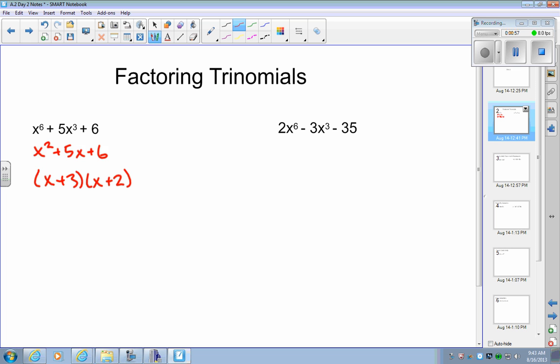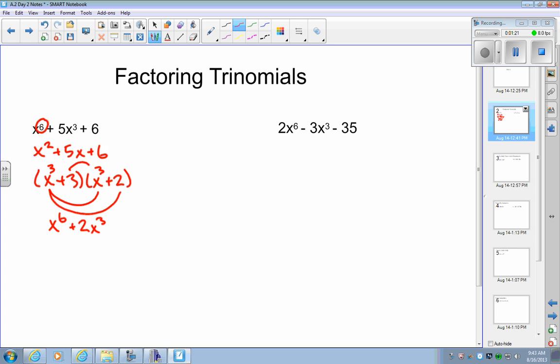Now, we need to somehow get to x to the 6th. We know our exponent rules: when you multiply an x to the 3rd, they don't multiply, you add those powers. When you do this, you're going to get a 2x cubed.